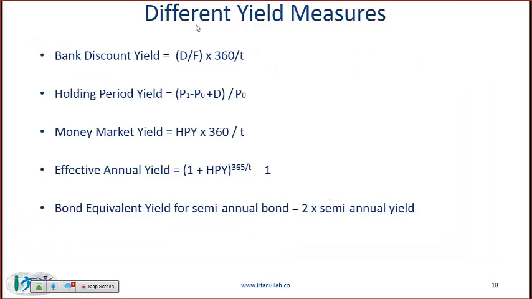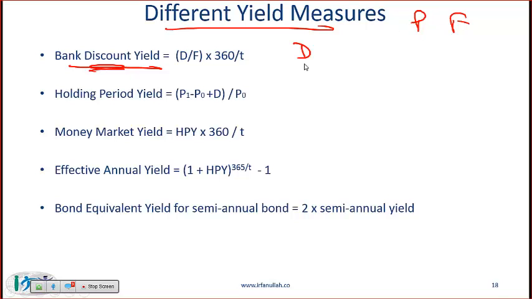Here is another item that people have issues with. All the different yield measures, and let's use this as an opportunity to try and remember the yield measures. The bank discount yield, remember the name has discount in it. So the bank discount yield is the discount, which essentially is the difference between the face value and the price.